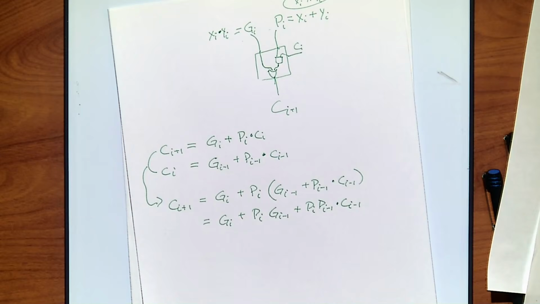And notice that all these ones, both propagate and generate, are one level of logic from the end. Now, this is the thing. I'm going to use the inputs to build the first half of all of these.